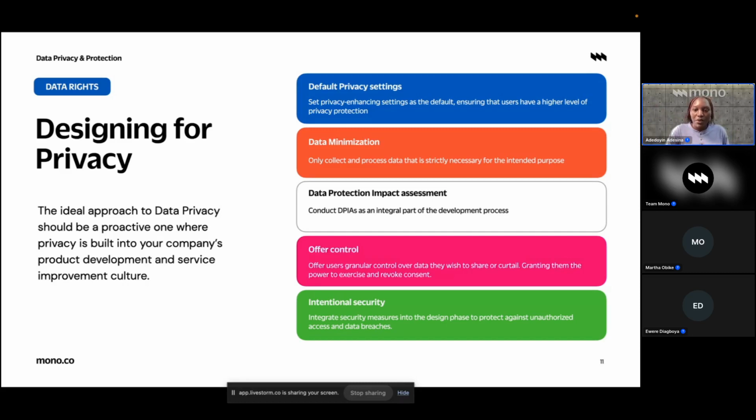Fine. Another way that you can implement this is by doing impact assessment. So that's data protection impact assessment. This is a way of, okay, let's say I have a new product and I'm doing my market research. The same way that you do your market research, you're also thinking of how this would impact your obligations to your customers. How am I protecting the information that I would now have to ask for?